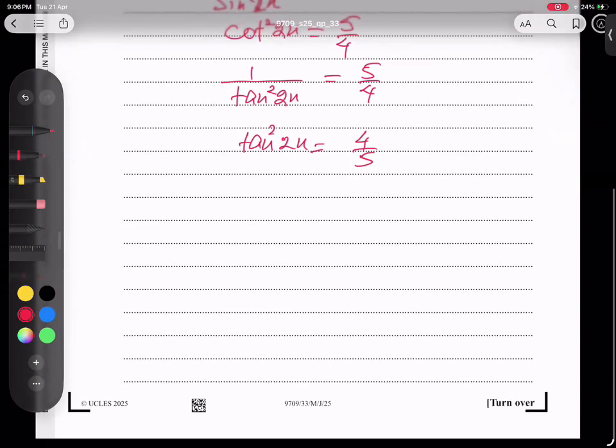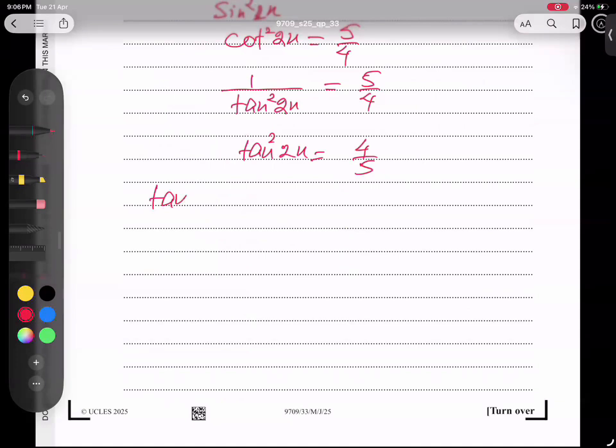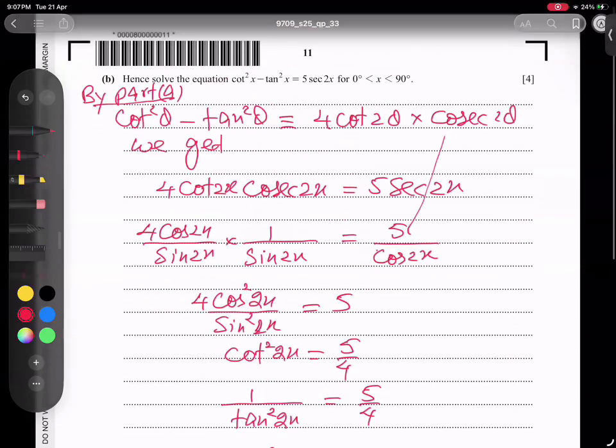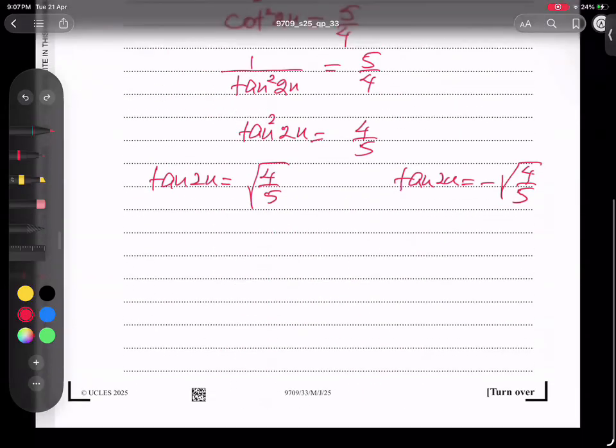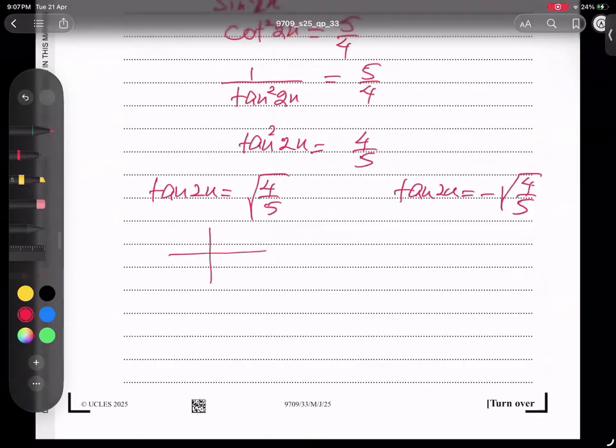Take a root of both sides, and I'm getting tan 2x equal to root of 4 over 5 positive and tan 2x negative. So the thing is that we have to go on first quadrant, because he said first quadrant only. So it means tan positive is first quadrant and third, and negative is second and fourth. So here no chance, but here for 2x maybe we'll check it first of all.